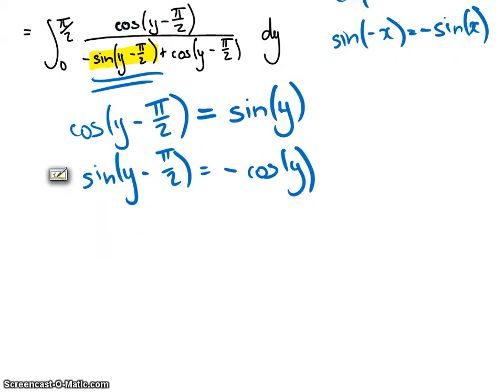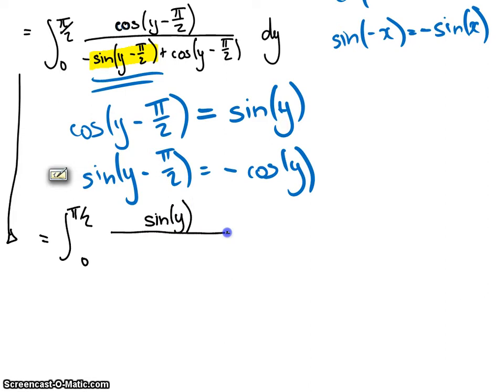So what is our next step going to be from here? This is equal to the integral from 0 to pi upon 2. This one on the top, I'm now going to write it as sine of y over negative sine of, of y minus pi upon 2, which is going to be the same thing as negative cosine y, or just cosine y, plus, and again this is the same thing, sine y dy.